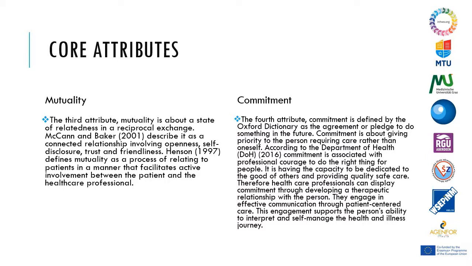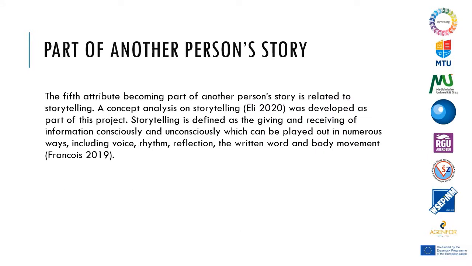This engagement supports the person's ability to interpret and self-manage the health and illness journey. The fifth and final attribute is becoming part of another person's story. This is related to storytelling, which we will go into greater detail in the other modules.